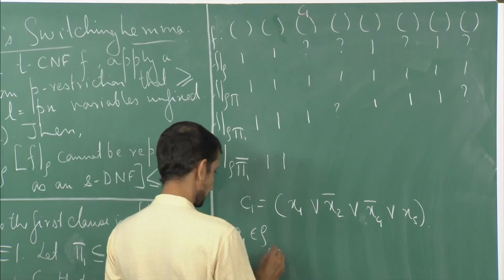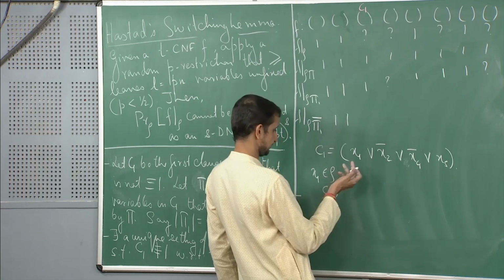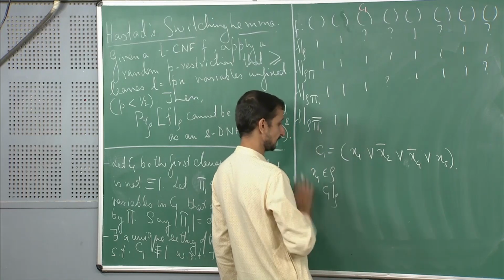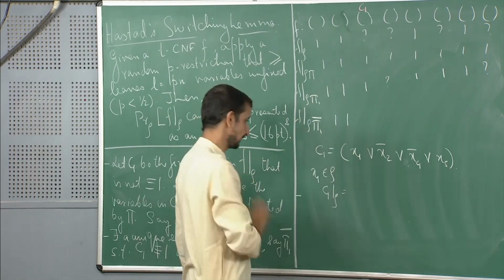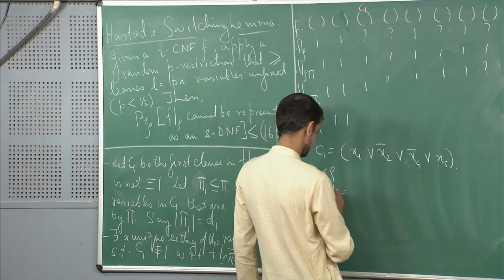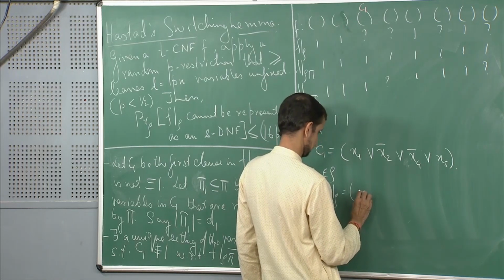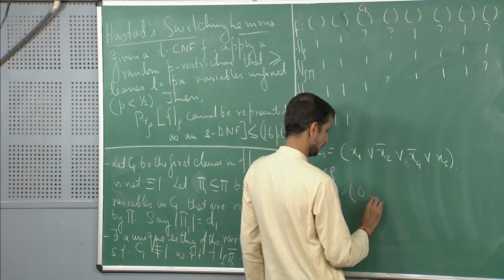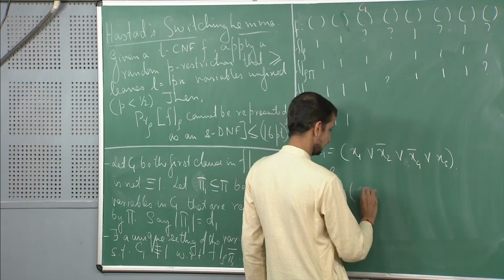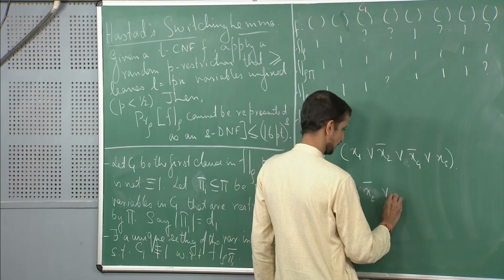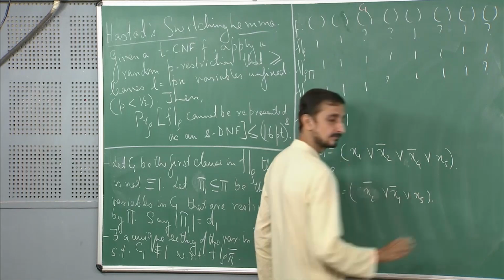When I look at C1 restricted to rho, x1 was getting fixed to 0, of course, it has to get fixed to 0. So, C1 restricted to rho was looking something like this: x2 bar or x4 bar or x5.